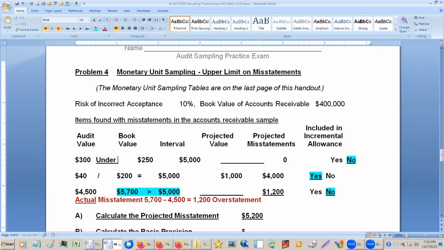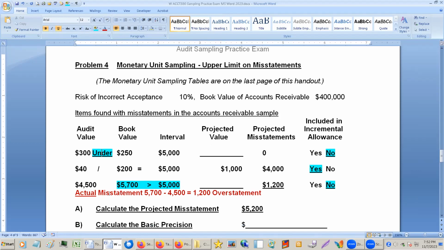This is an understatement. I apologize. It's much harder to unlearn something than to learn it right the first time. This is an understatement, and it's not supposed to find this. It's only supposed to find overstatements. They have 250. They should have had 300 on the books. They understated it by 50. We throw it out.